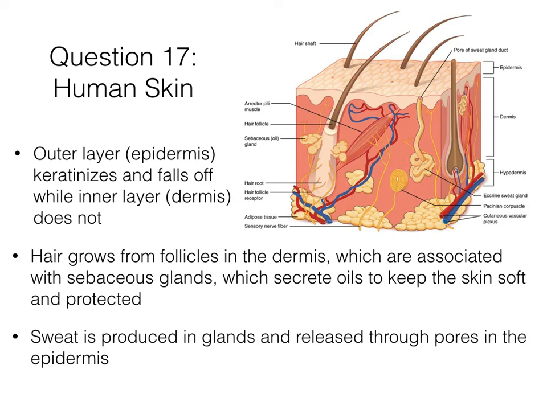So the outer layer, which gets keratinized, as I said, is called the epidermis. The deeper layer is called the dermis. And the dermis does not get keratinized, so it's not constantly dying the way your epidermis is. And then in us, underneath the dermis is an adipose layer.